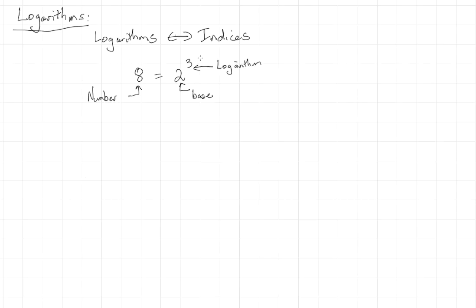So if 8 equals 2 to the power of 3, then we can say that, and we shorten the word logarithm to log, of 8 to base 2, and we put that down there. This is saying what is the power? Logarithm is a power or an index.